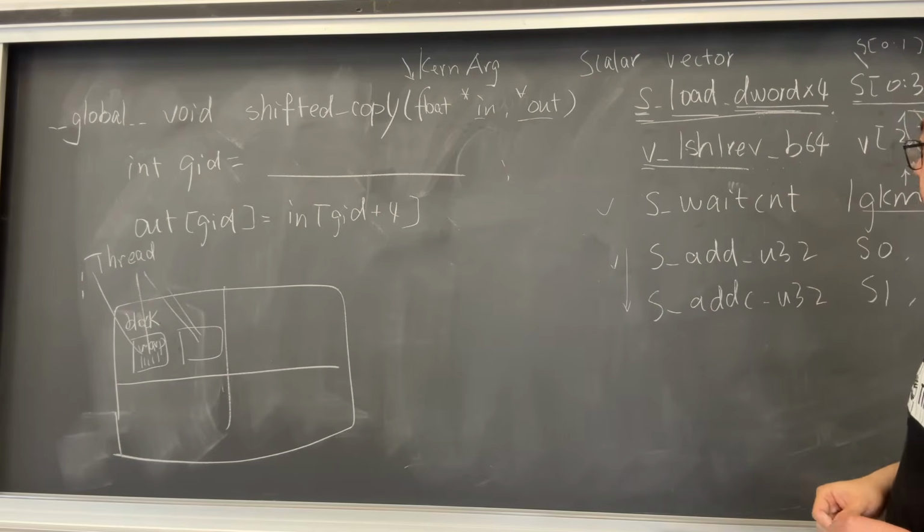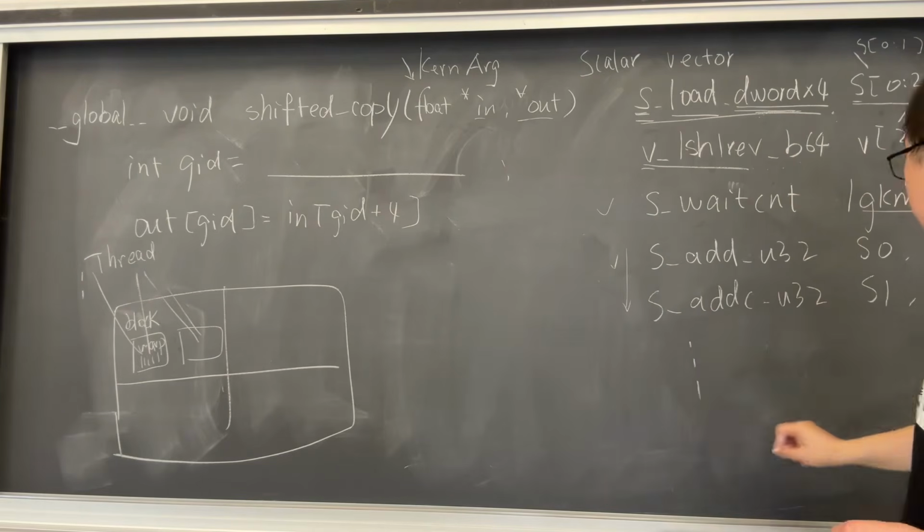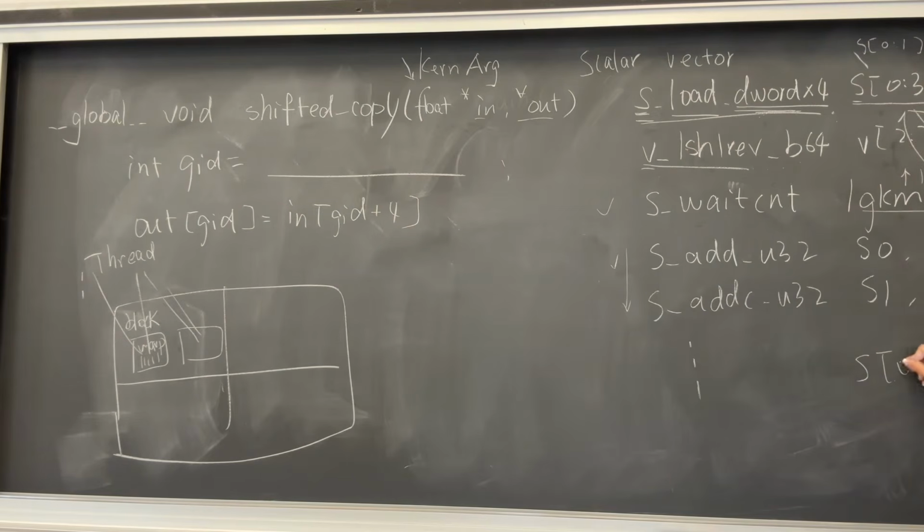Okay, so by the way, what it does is basically S0, 1 plus 16 and store it back to S0, 1, right? So ADD does not consider carry. ADDC considers carry from the previous instruction.